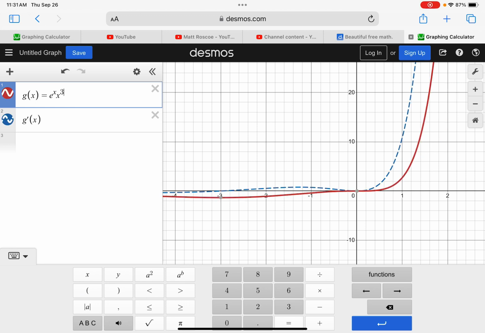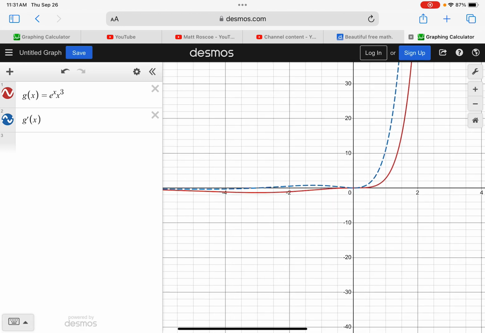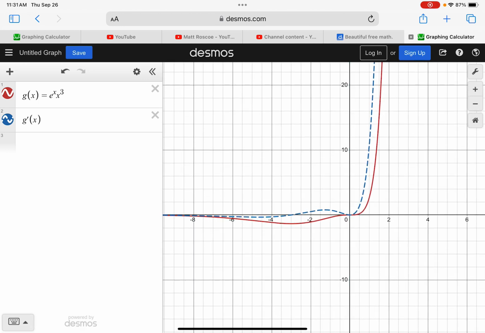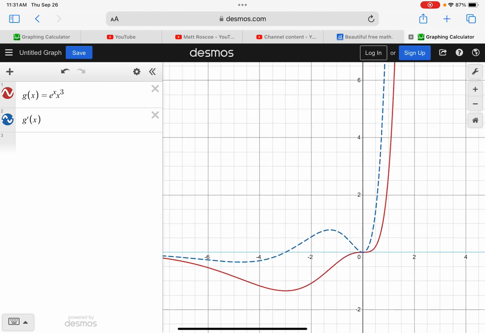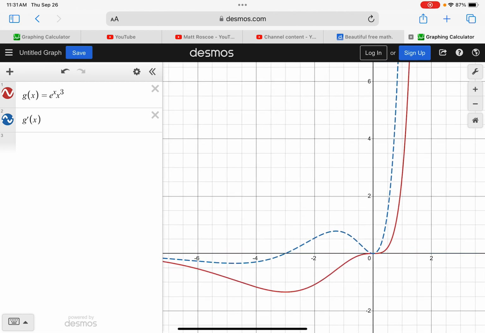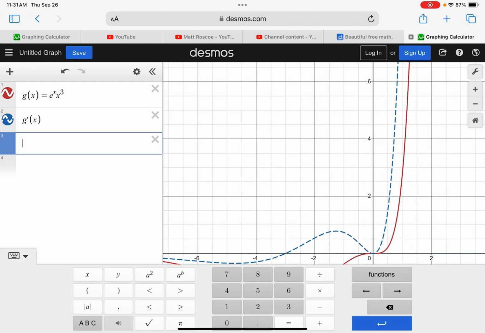All right, so the red function is our graph of the function, and the blue is the derivative of our function. It's a pretty neat looking function. And the question is, do we have that derivative in hand? We think we do, right?